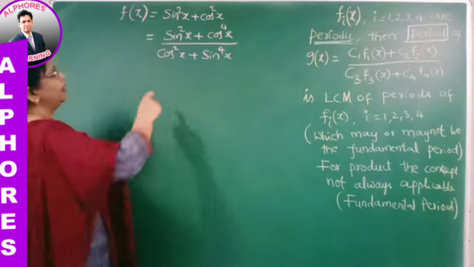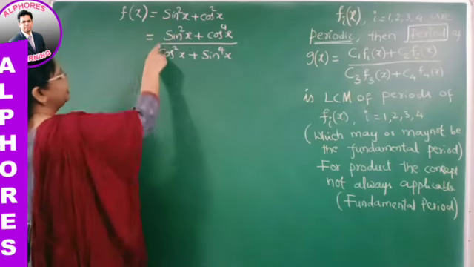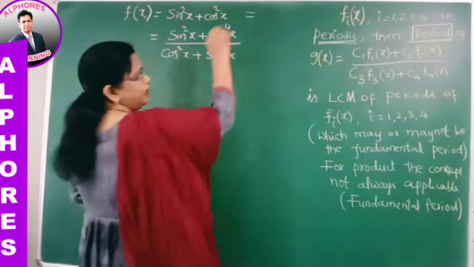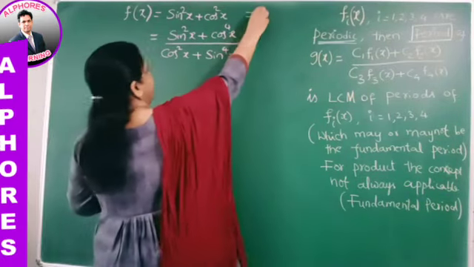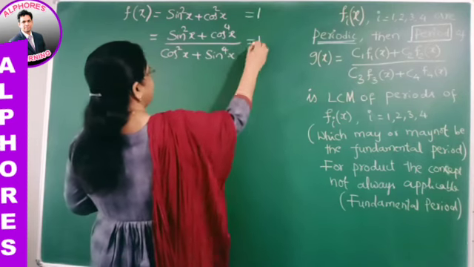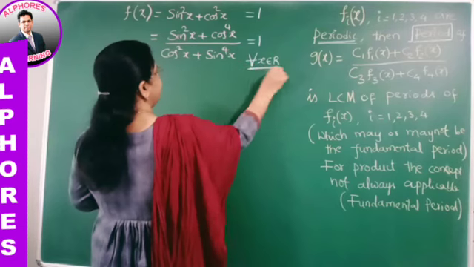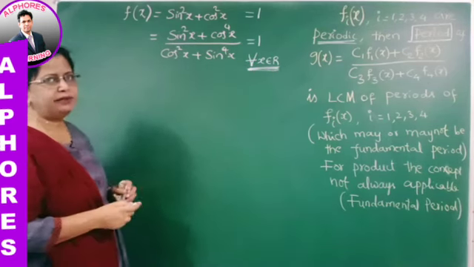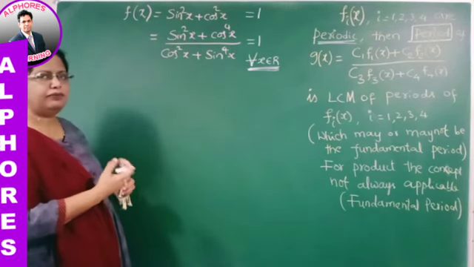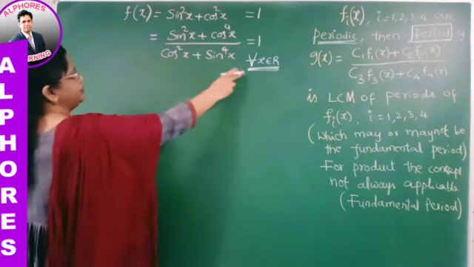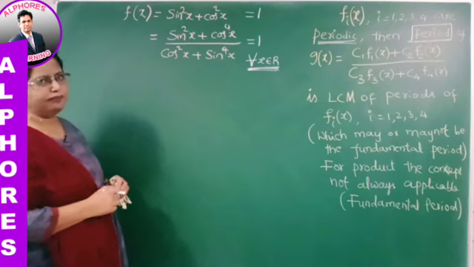Hence you can observe these two functions are equal to 1, and this is true for all x belonging to R. So this is a very important constant function, but for what values of x, that is important, and it is true for every real number.